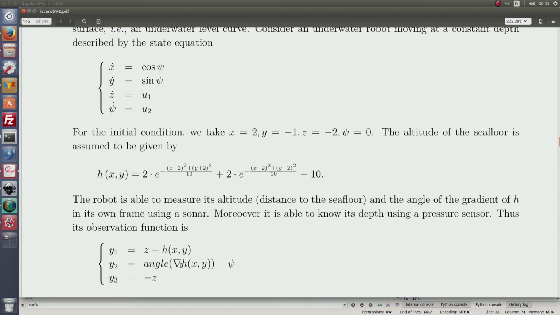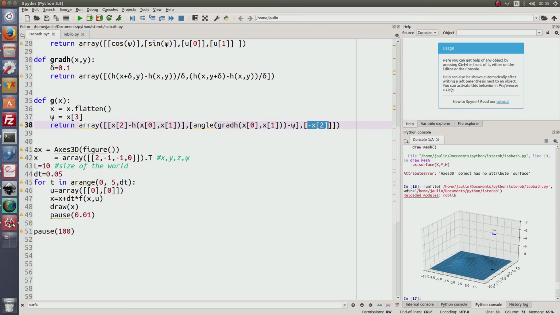And for the gradient, I use a method with finite differences, so I compute the gradient of h like this. I take a very small step, so here it's not so small, but 0.1, considered as small. I move with respect to x, I make the difference, so I obtain the derivative with respect to x. And here I do the same with y, so I obtain the derivative with respect to y.